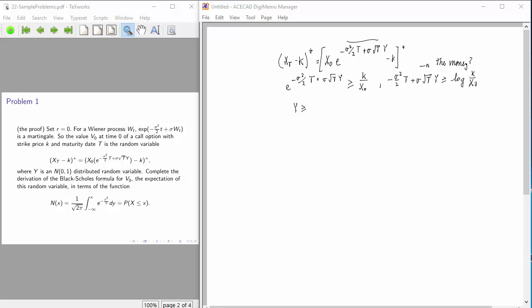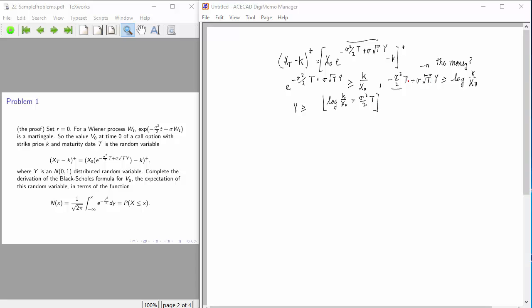Y has to be greater than or equal to, well, I'll begin by adding sigma squared over 2 times t to both sides. So I'll have the log of k over x naught plus, coming over from the other side, sigma squared over 2 times t.